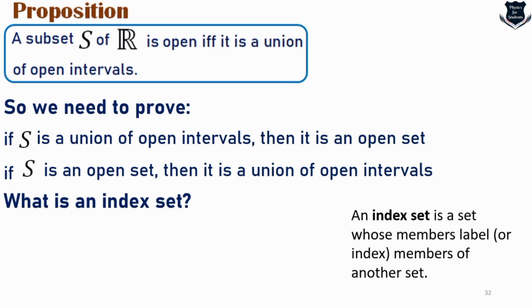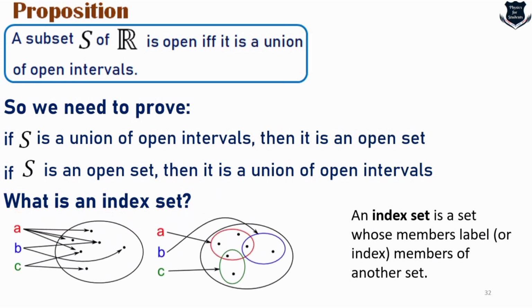The indexing consists of a surjective function from one set to another, and the index collection is typically colored. So from A to B, it is a kind of surjective function, and it is written as this. Just a quick glimpse of what indexing is.